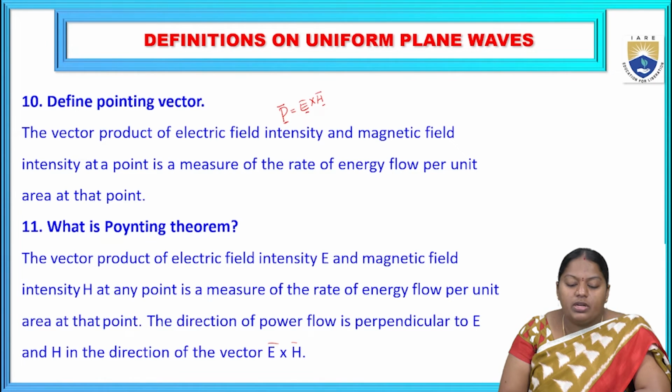At a particular point, we need to measure the rate of energy flow per unit area. Now coming to the Poynting theorem, after defining this Poynting vector, the direction of power flow is perpendicular to E and H, in the direction of P bar. The P bar is the Poynting vector.